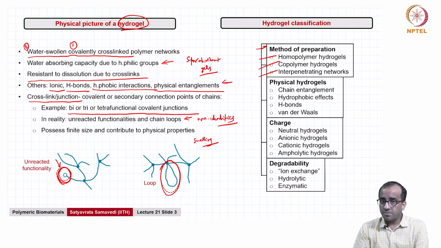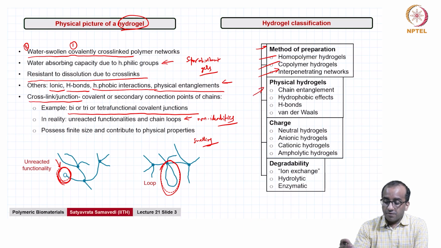You can have copolymeric hydrogels also, depending on the choice of monomers. As we will see in just a bit, you can also have what is called an interpenetrating network. So, these are two different networks that are intertwined with each other, and the two networks typically have different monomers.